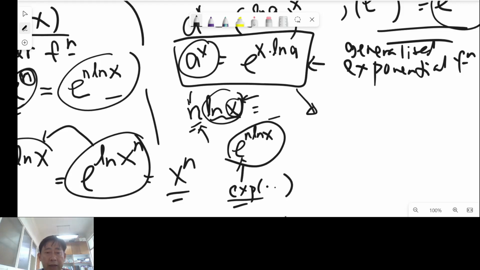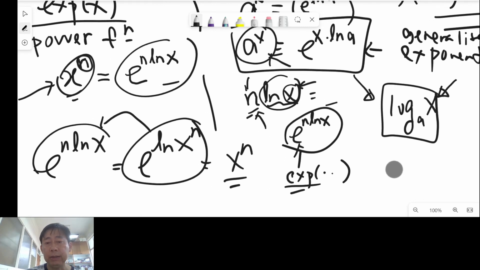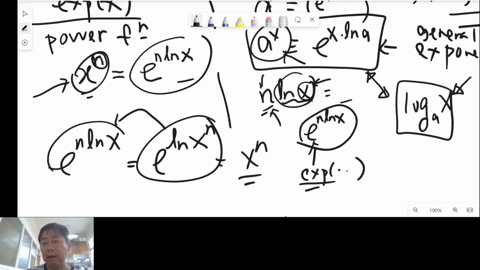The generalized exponential function has an inverse, called log of x base a. The properties of the exponential function and its inverse will be discussed in, I think, chapter 8. So look at chapter 8 for more details about a power x and log x base a.